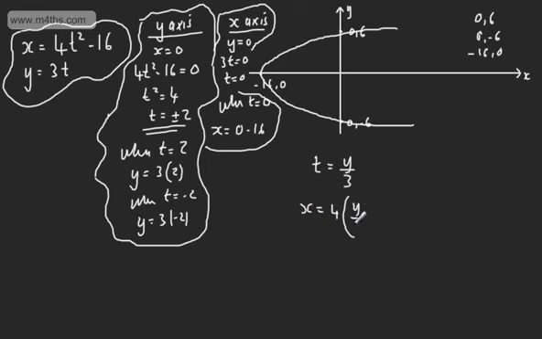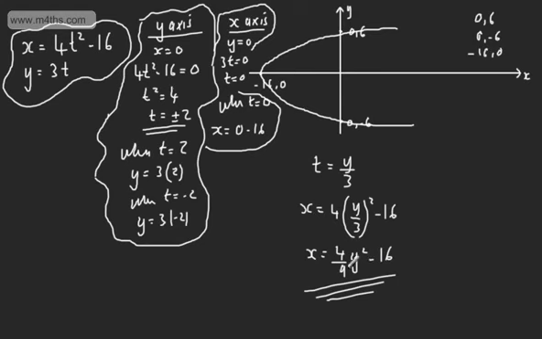Well, that's y over 3, which we need to square, and subtract away 16. x will be equal to 4 over 9 y squared minus 16. This now is a parabola opening outwards from its side. It's got the symmetric line right here, so its axis of symmetry is the x-axis, and here x is a function of y, and we've got a parabola.